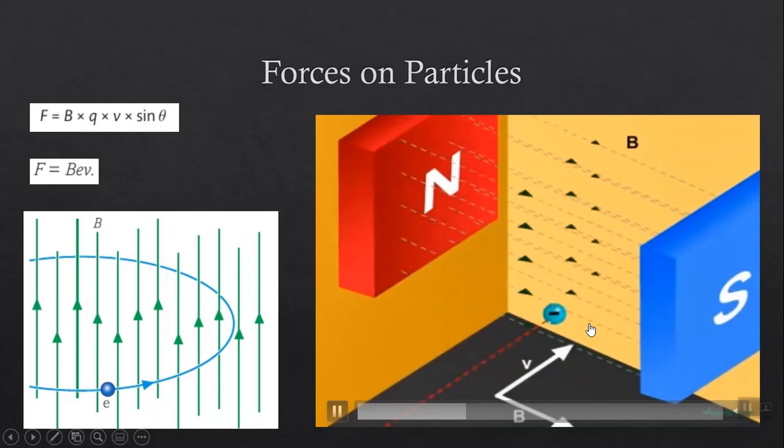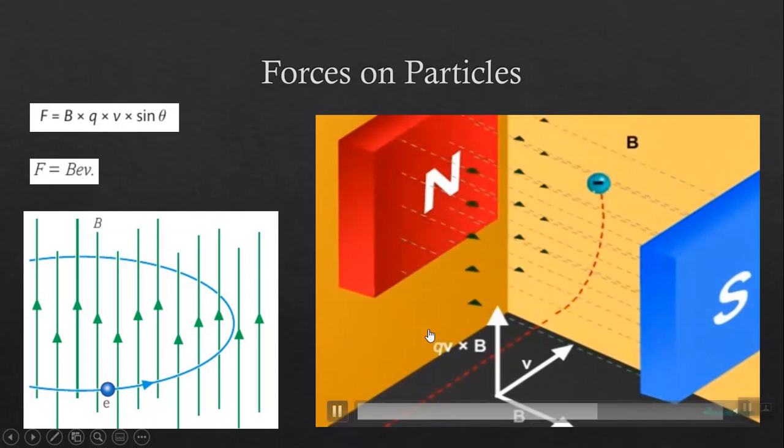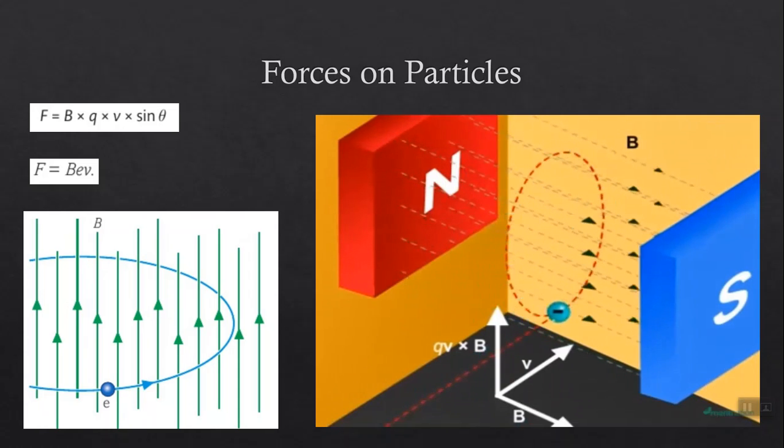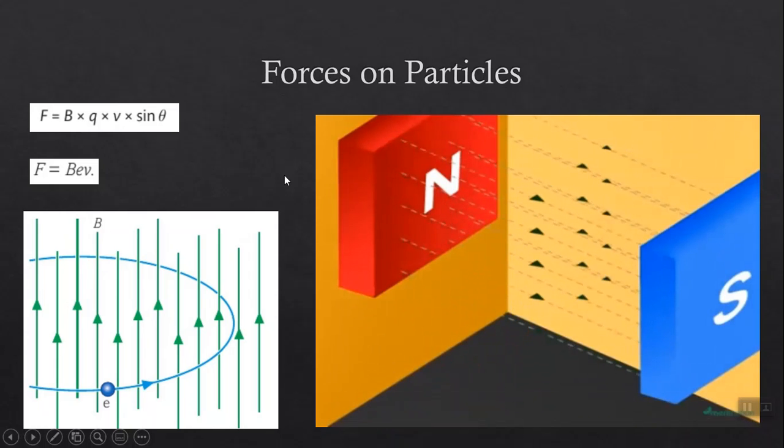According to Fleming's left hand rule, here the force must be acting in the vertically upward direction, equal to BeV or BQV for any charge Q. So it is bent upward and rotates in a circular motion, because at different places the force is always pointing towards the center. That is the idea you should have about forces on particles moving in a magnetic field.